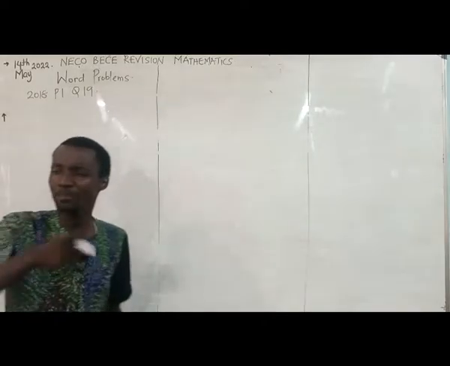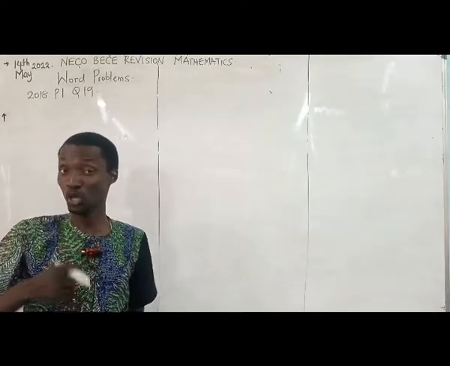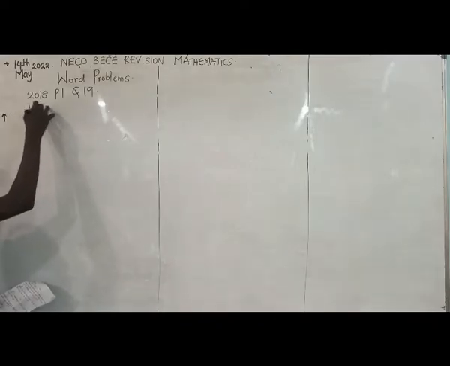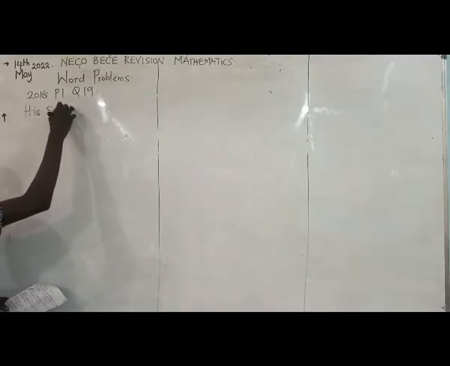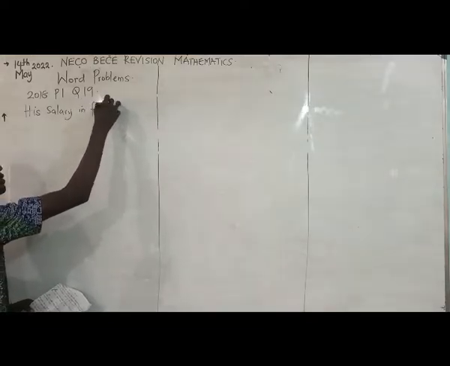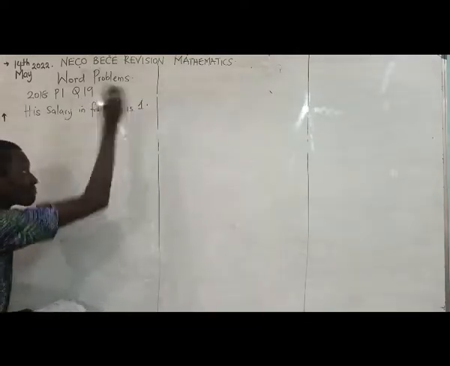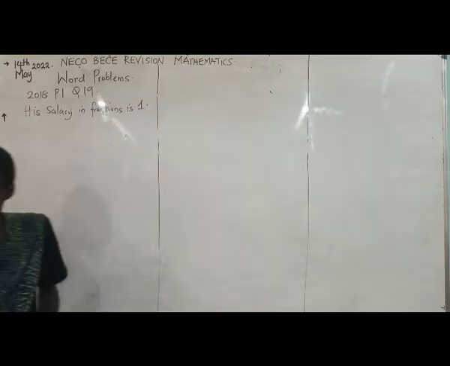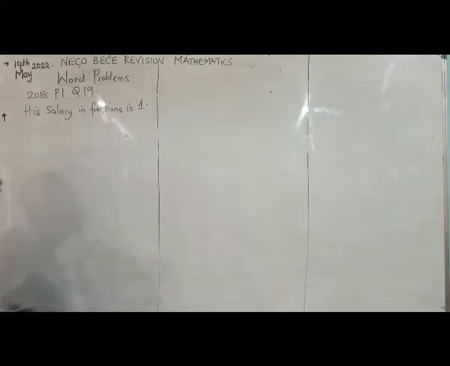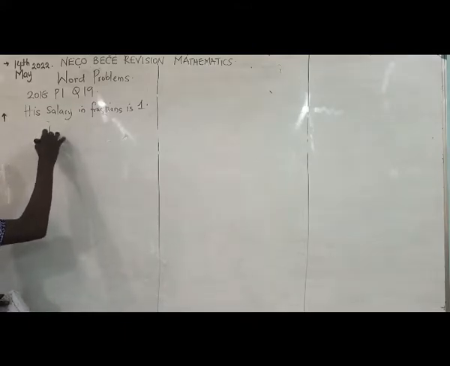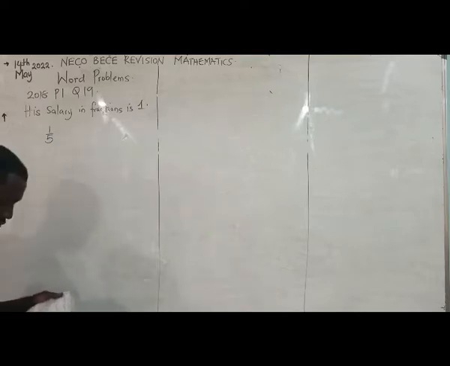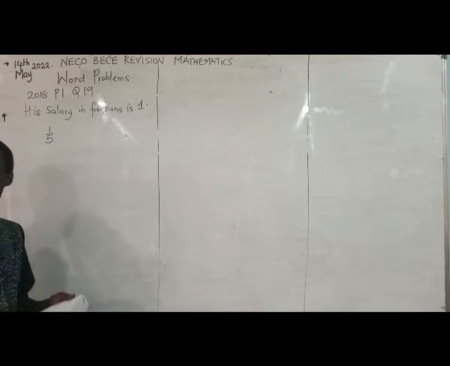This is a problem involving fractions. So essentially, his salary in fractions is 1. That's his full salary. He said that he spends a fraction of his salary on shoes, 1/5, sorry about that, 1/5 on shoes, and 2/3 on school fees.